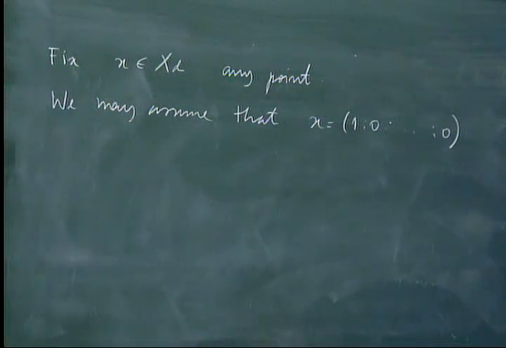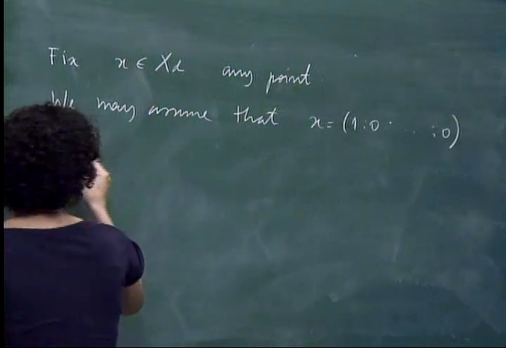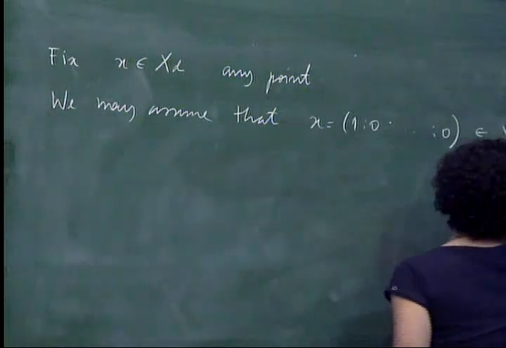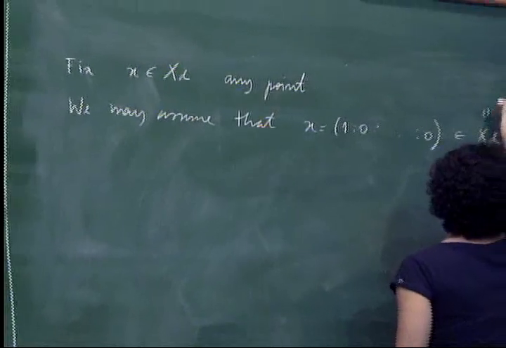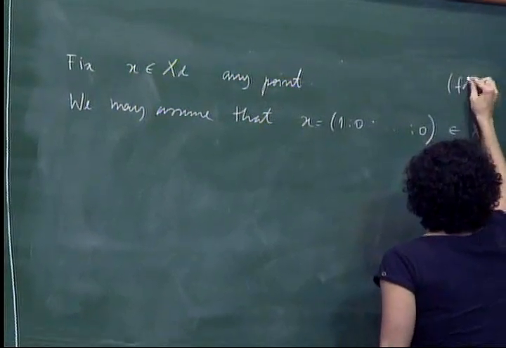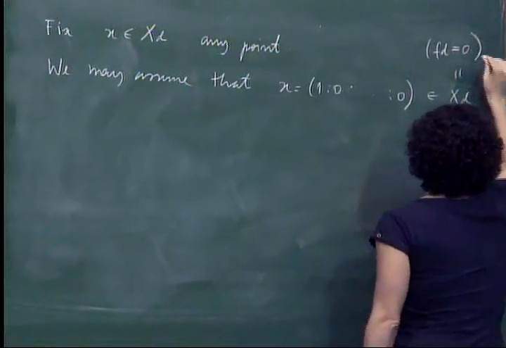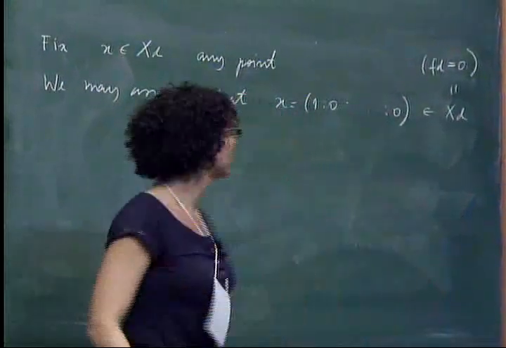So we assume that the point x belongs to X_d, say X_d is given by the zero locus of a homogeneous polynomial of degree d.